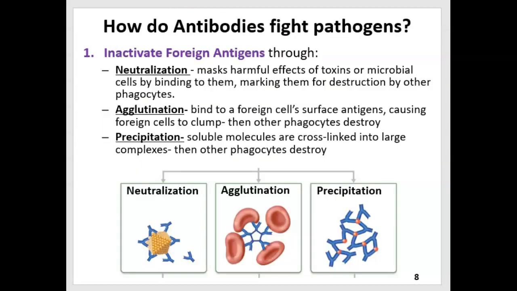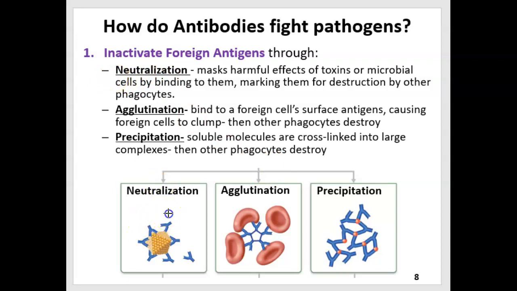Now, what do they do? As a rule, antibodies don't recognize infected host cells. Instead, they recognize either foreign cells or foreign molecules. Those molecules are antigens, which might be on a cell, or they might be free. What they do includes neutralization.